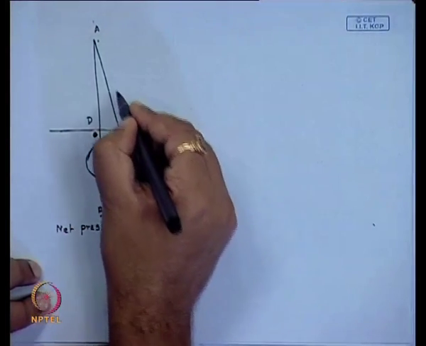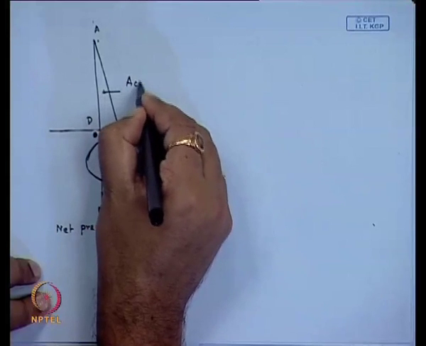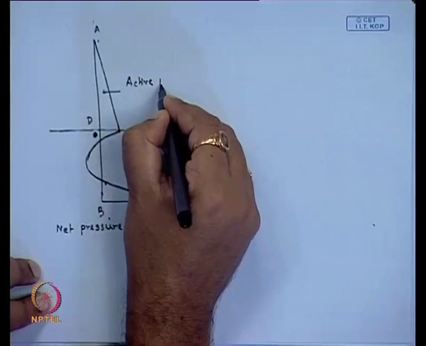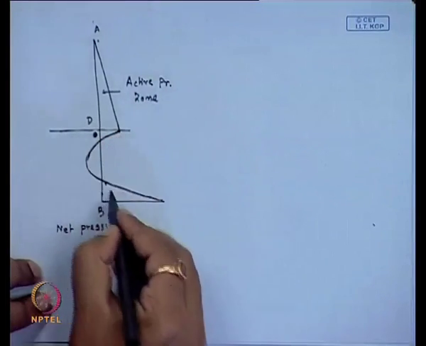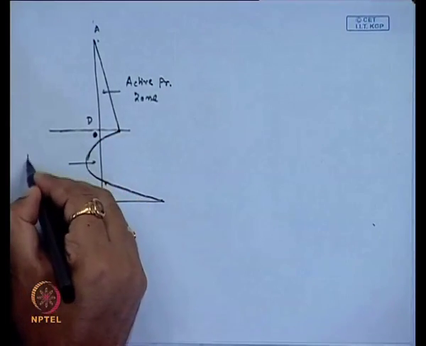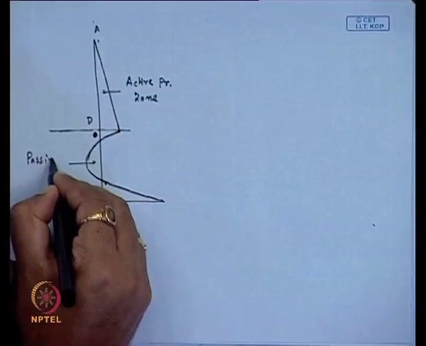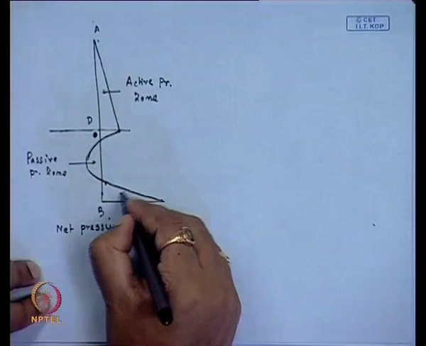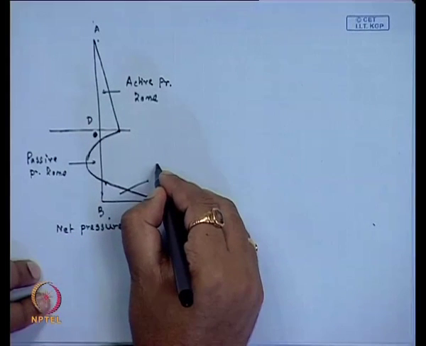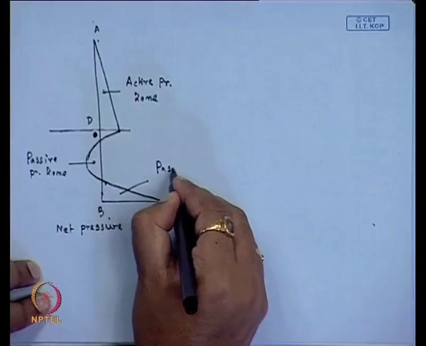So, here we can see this is the active pressure zone, this portion is the passive pressure zone, and again this portion is the passive pressure zone.